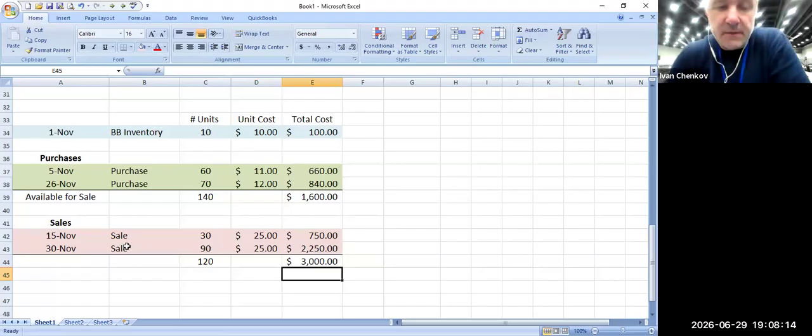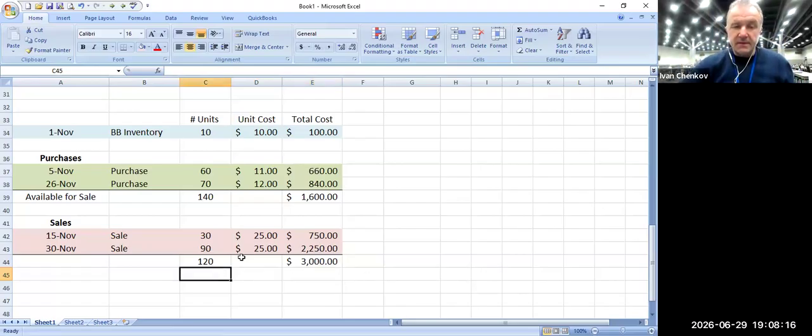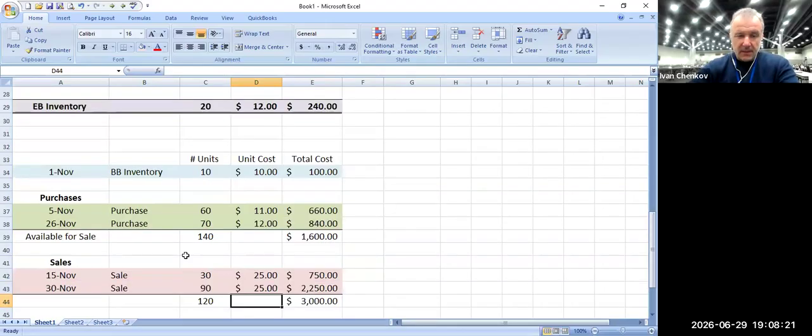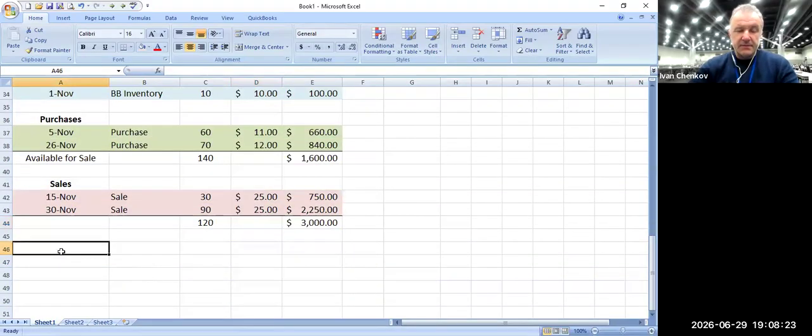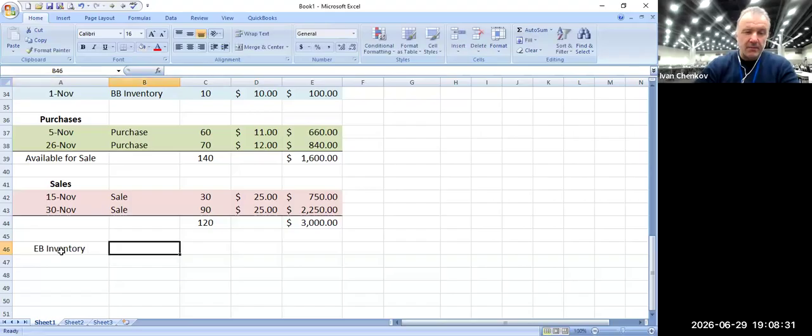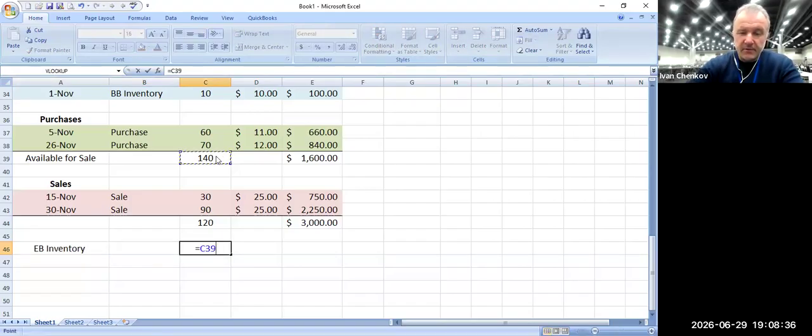Because we are selling 120 units at $25 per unit. Now, the last thing that we have to do is what's our ending balance? How many left? Well, we had 140 available minus 120, we have 20 available.